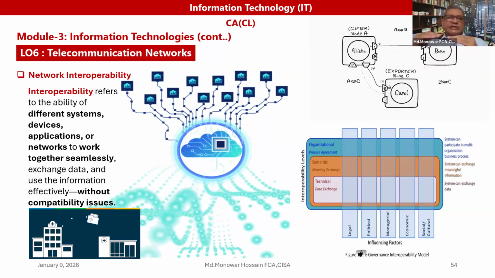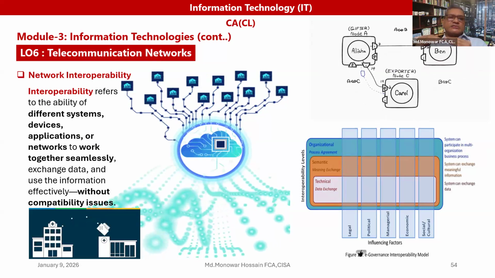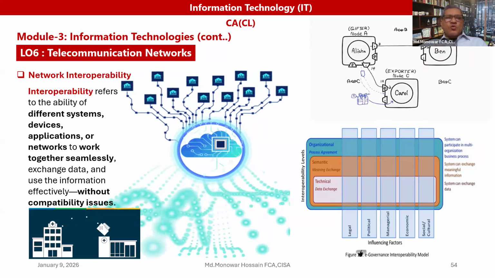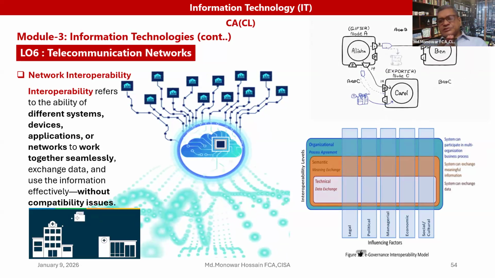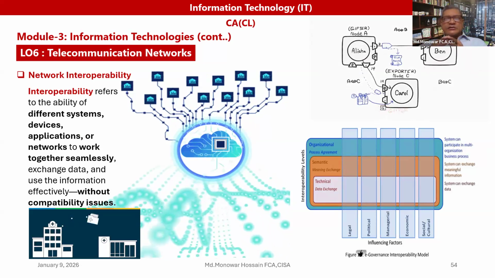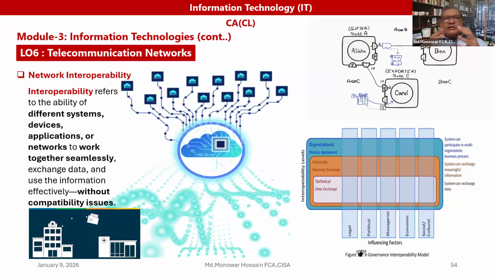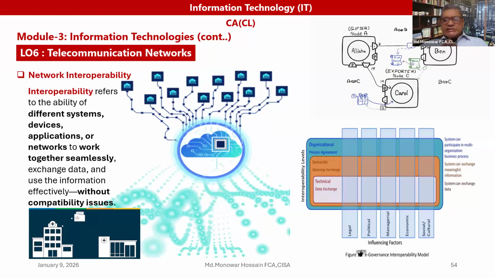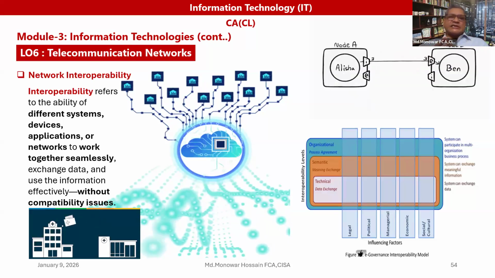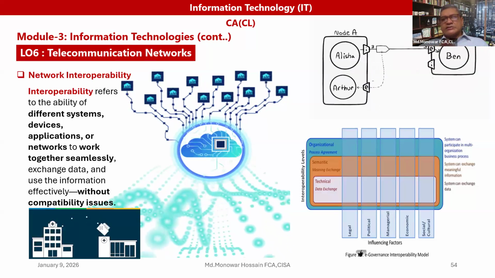They can exchange data with each other and use the information effectively without compatibility issues. That means each and every system can talk to each other through interoperability, because different systems, software and devices can exchange data.